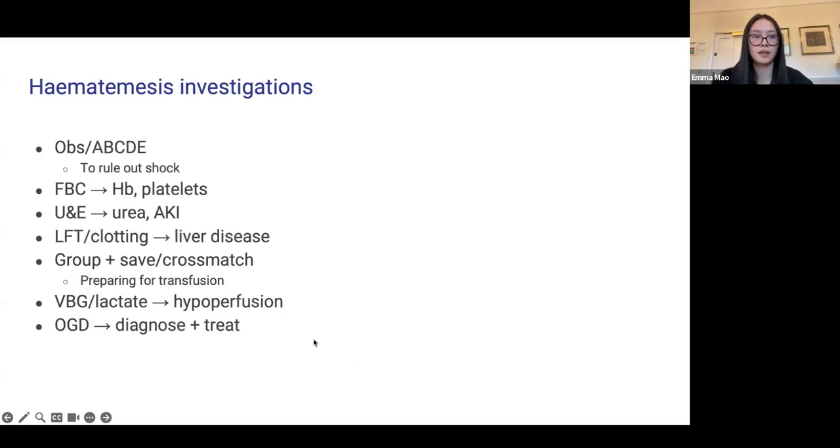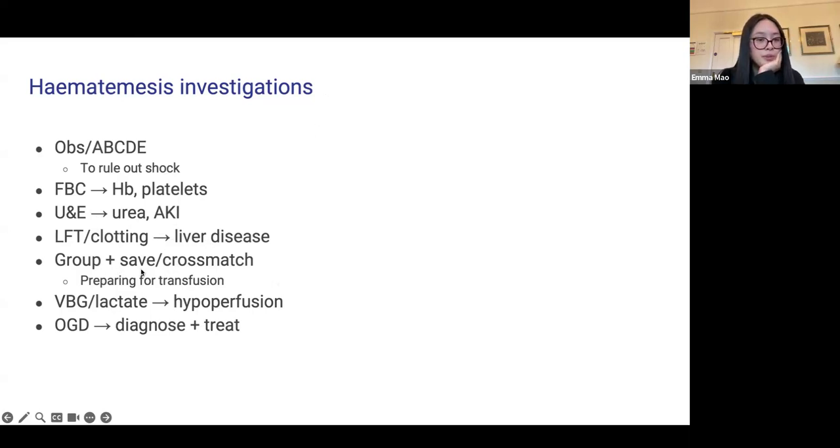Okay. So key investigations to do are any obs, A to E to rule out shock, full blood count again here, rule out anemia, any coagulopathies, U&Es, can look for urea, which is a sign of digested blood, and then LFTs and clotting to see the liver function.